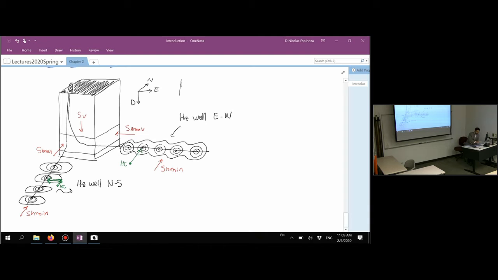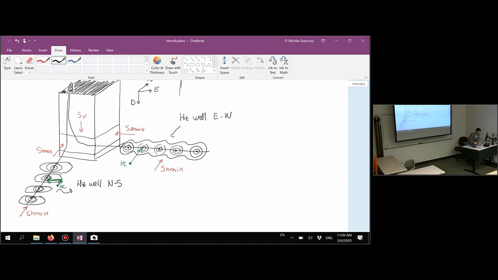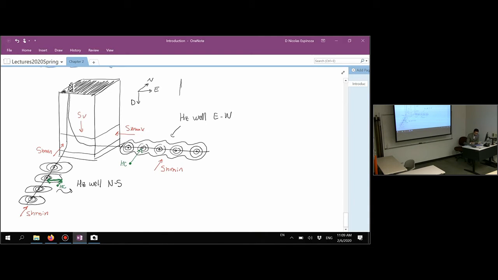Probably, let me do a top view, it will be easier. In a top view, if this is the wellbore which is east-west, and if this is a wellbore which is north-south, in the wellbore east-west, the fracture is on the same plane of the wellbore.